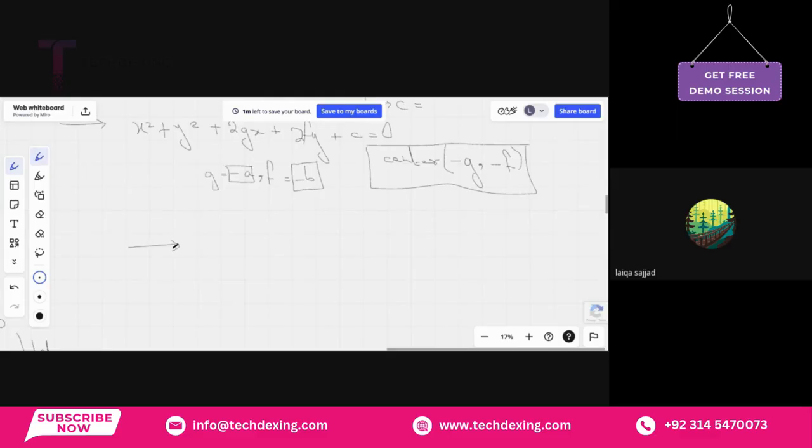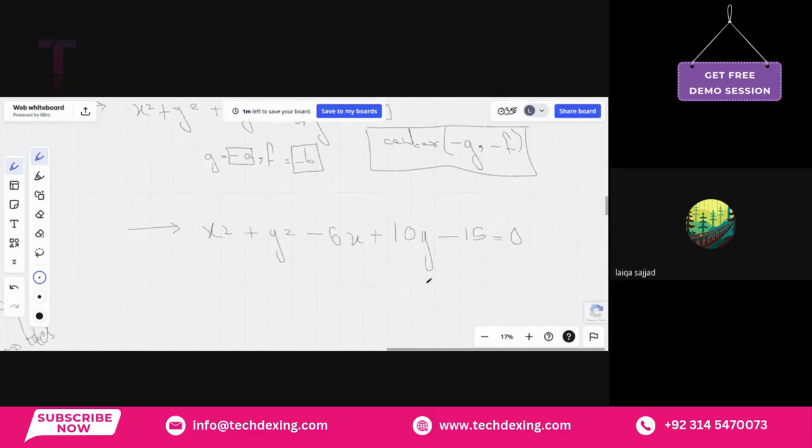For example, you are given the equation x square plus y square minus 6x plus 10y minus 15 equals 0. And you are asked to find the coordinates of the center and the radius of the circle.